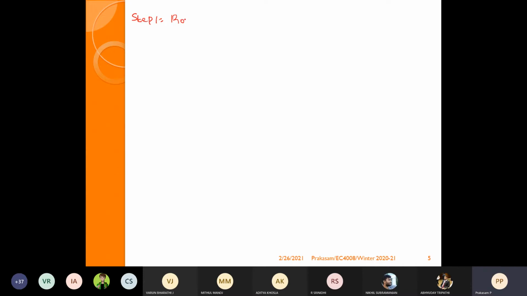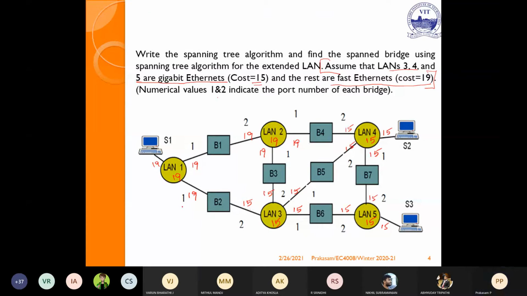Root bridge. So root bridge is nothing but the lowest bridge ID. Here in this given diagram, we are not representing using MAC address, the physical address.